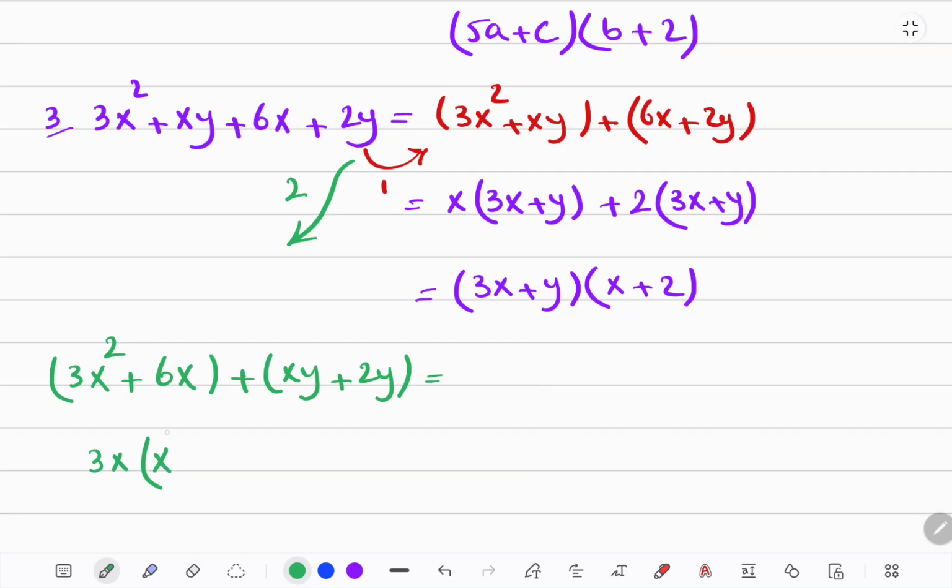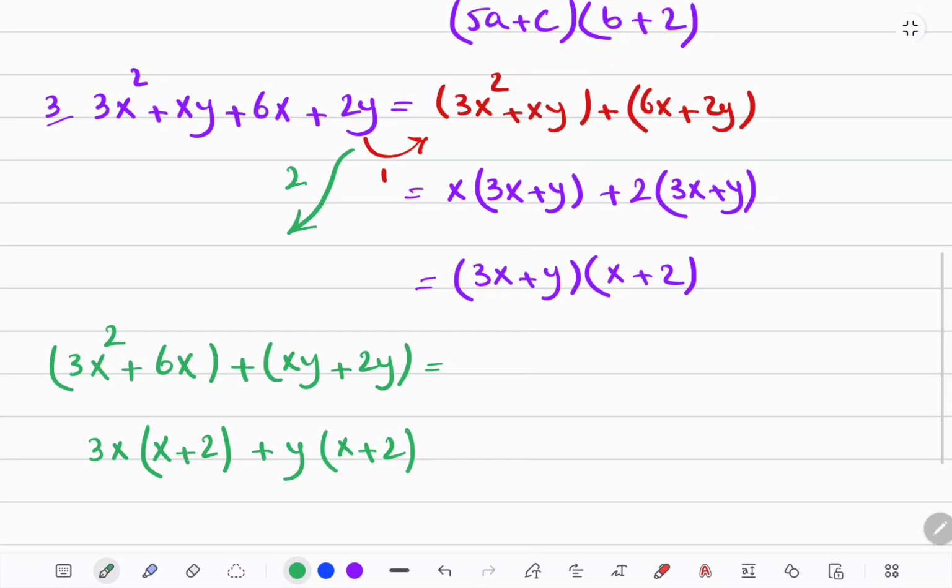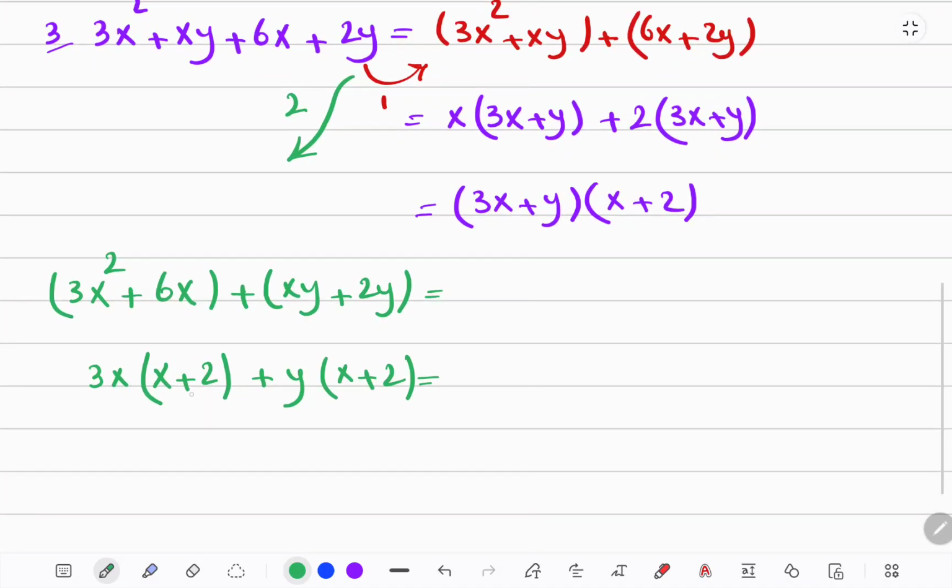So we have x, and 6x over 3x is 2, plus. And for the second group, you can see that y is a common factor. So if we factor out y, we have x plus 2, and you can see that x plus 2 is a common factor. So the remaining part is 3x plus y.